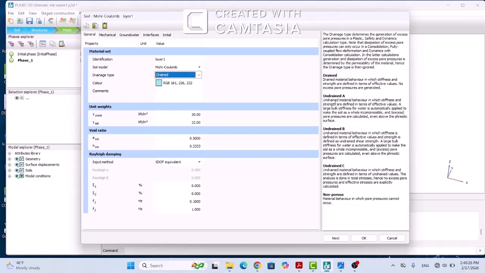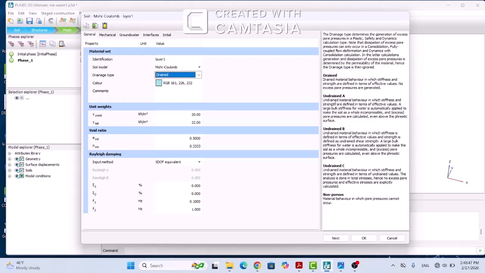And for calculating strength, we use total stress and total strength parameters.